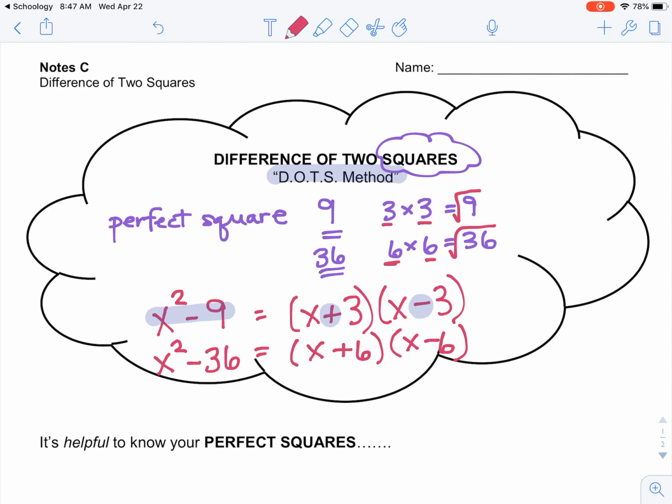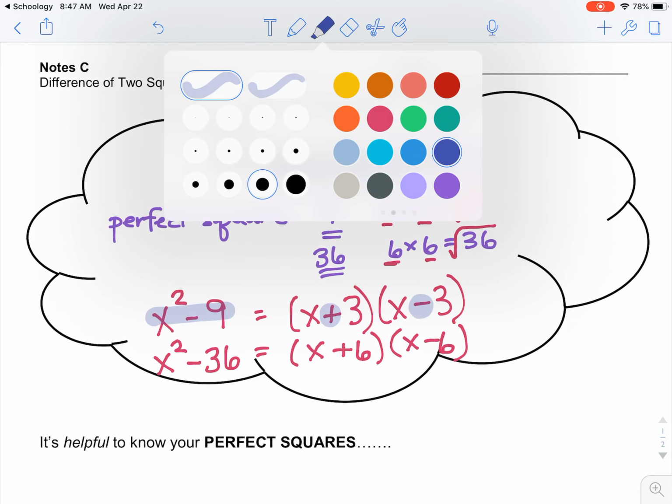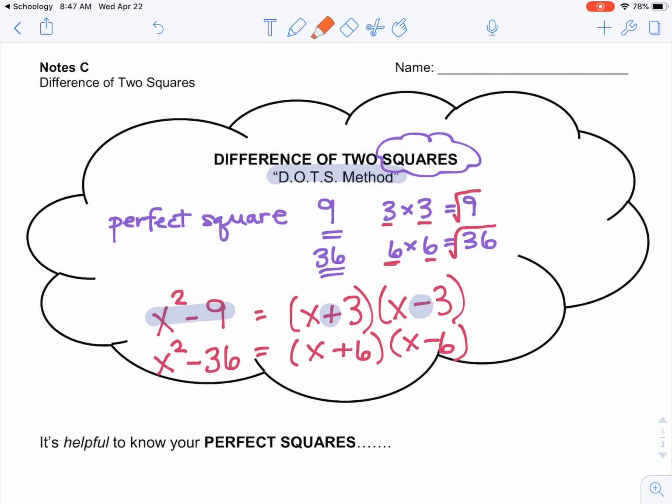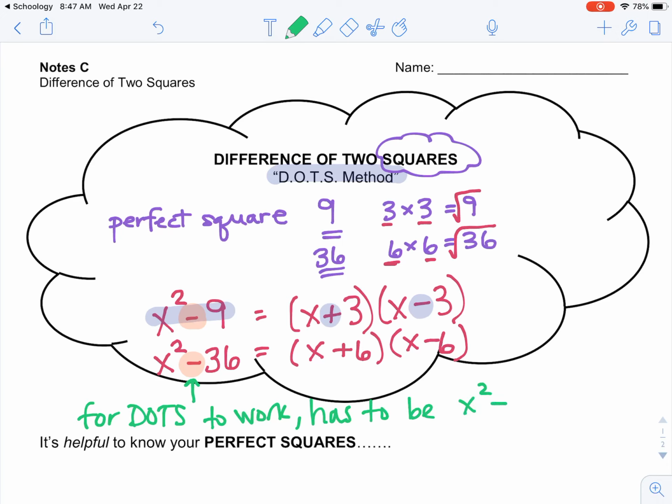The key here that you have to look for, and you always want to look for this, is this has to be a negative sign here. Okay, so for the dots method to work, it has to be x squared minus your number.